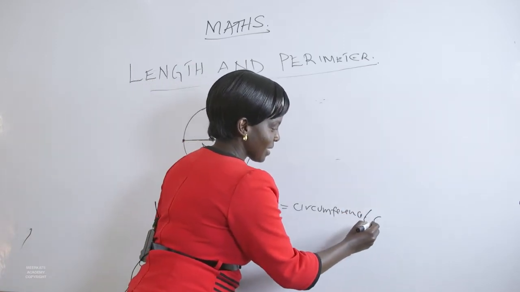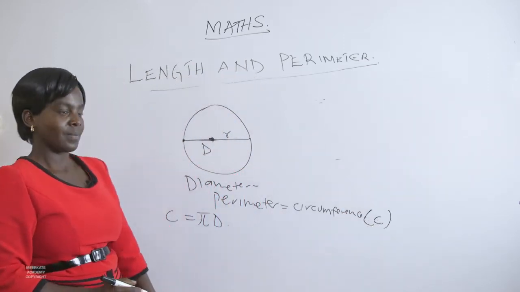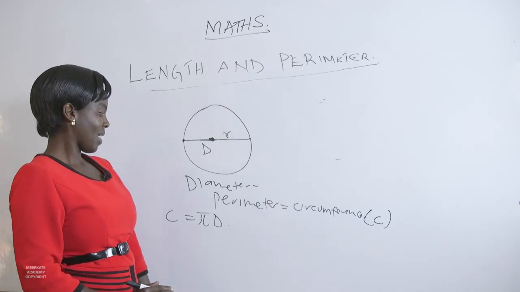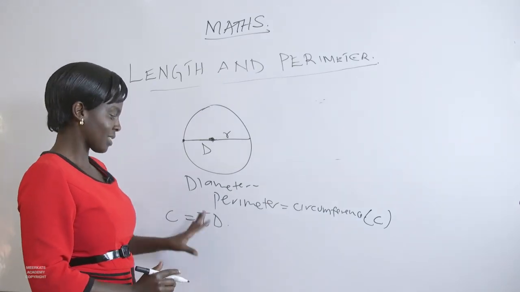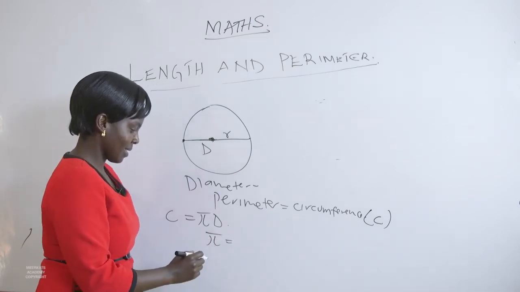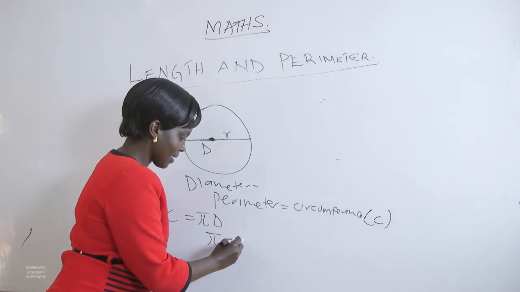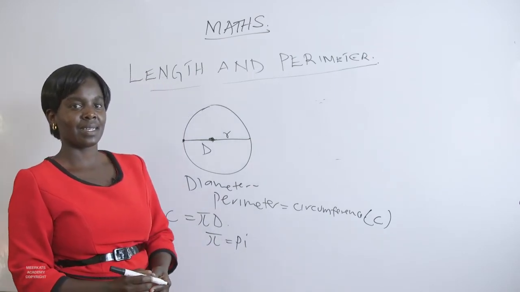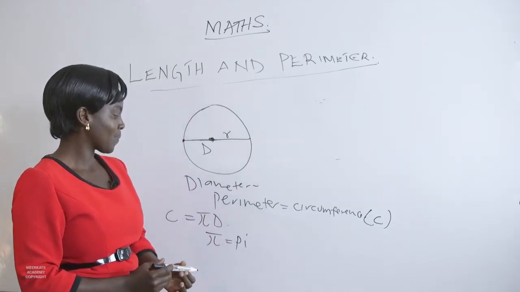Circumference is abbreviated as c. So what is pi? Let's understand pi. Pi is represented by this symbol and written as pi.